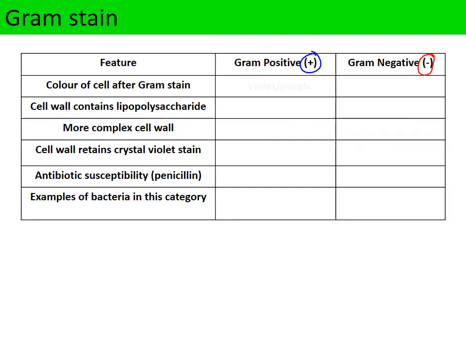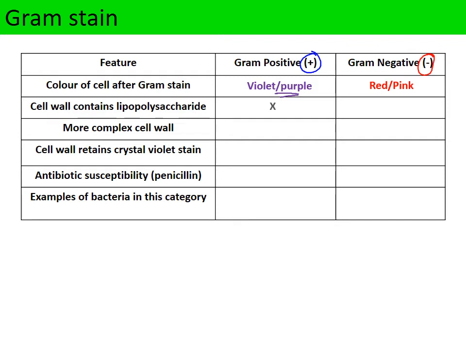So the gram-positive bacteria then, after the gram stain has been added, we know they're going to be a dark purple or violet colour. We try not to use the word blue here just because it is a purpley colour, a slightly darker colour. And we know obviously the gram-negative bacteria are going to be a reddish pink colour. Now we know this is due to the difference in the cell wall structure.